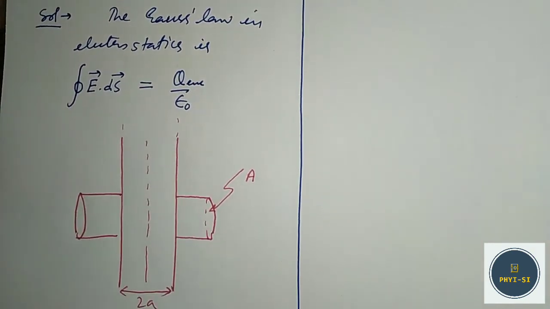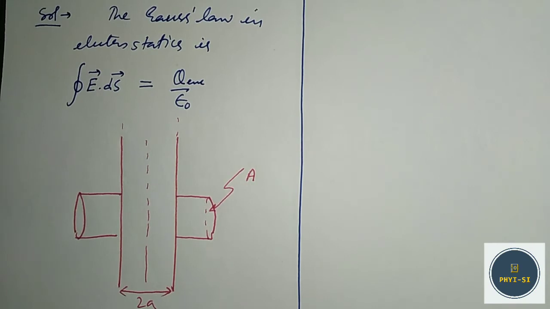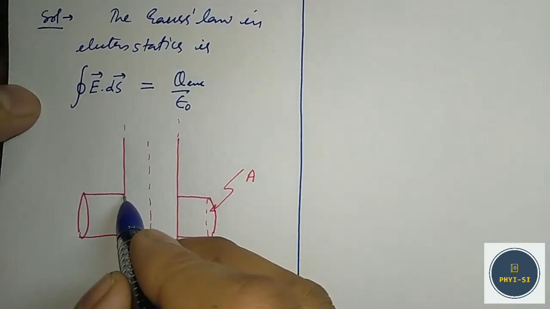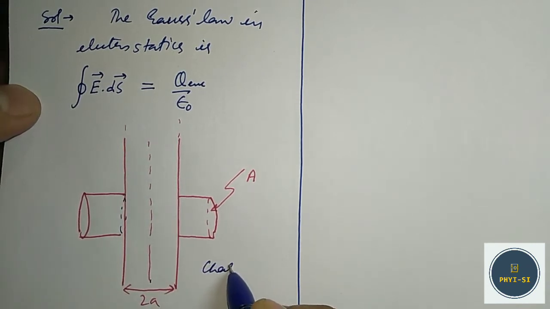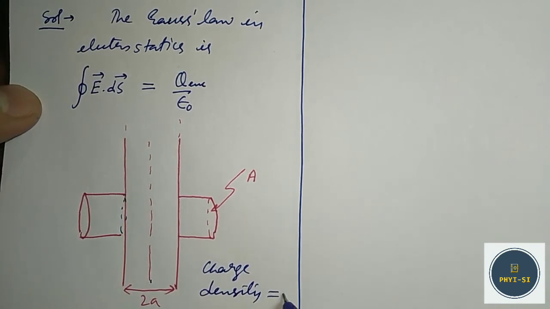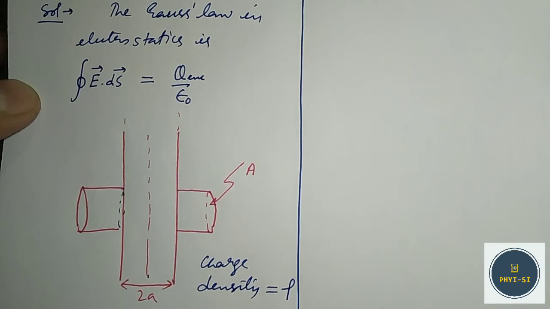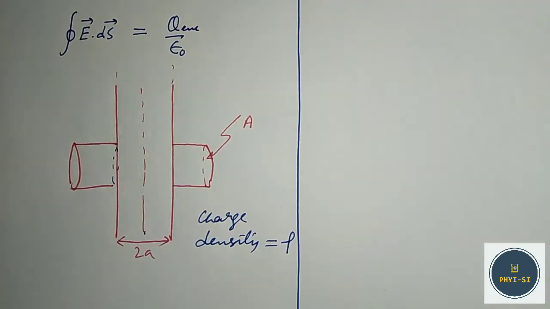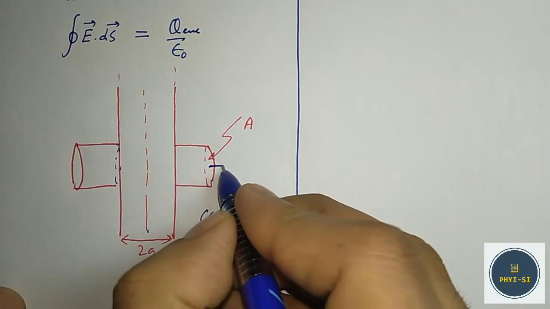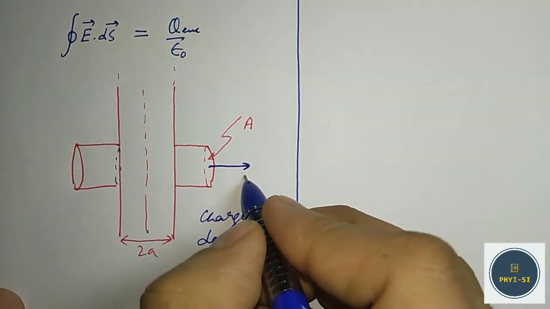The charge density, which in this case is volume charge density, is equal to rho. Since the slab is infinitely large, the electric field here should be perpendicular.